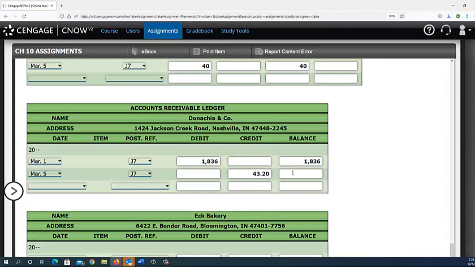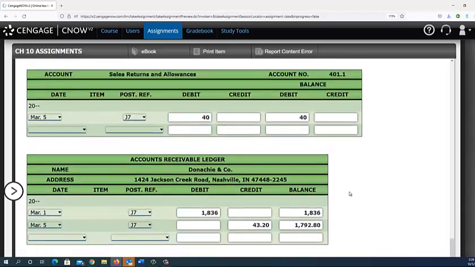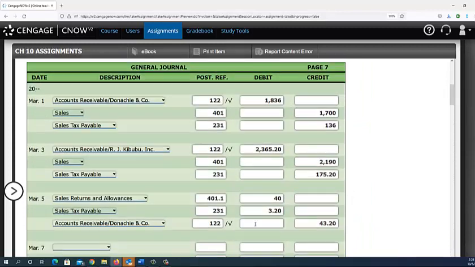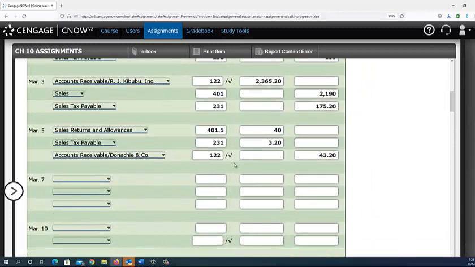And so if we subtract the two, we now have the balance that Donacci owes the company of $1,792.80. So we'll go up and make sure the posting reference is there. I'm pretty sure it is. There's our check mark. So now we'll move on to March the 7th.